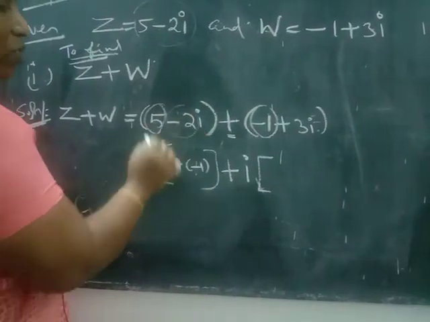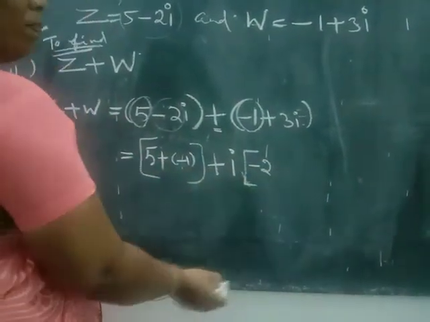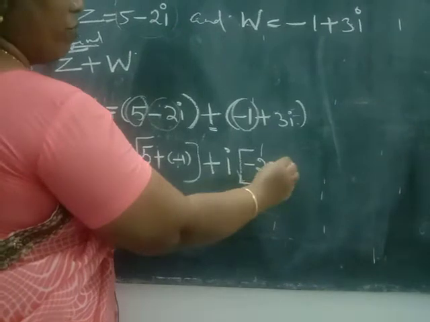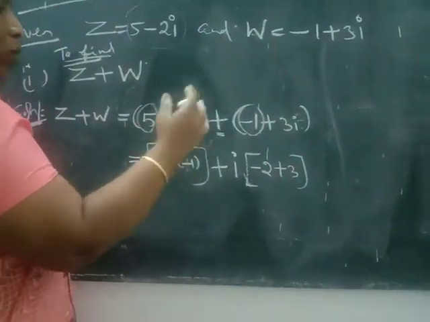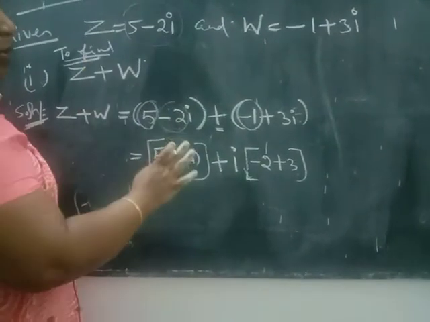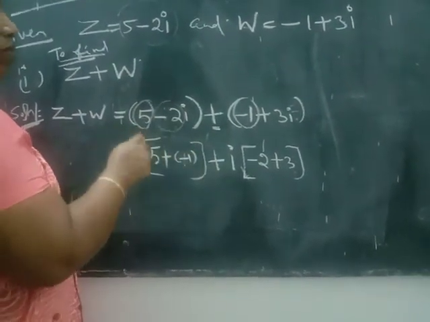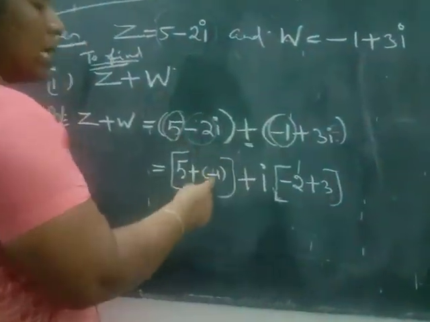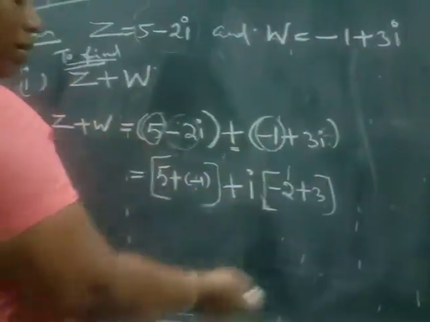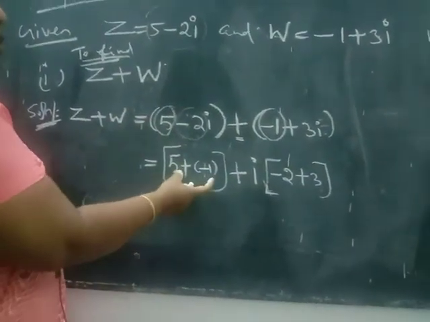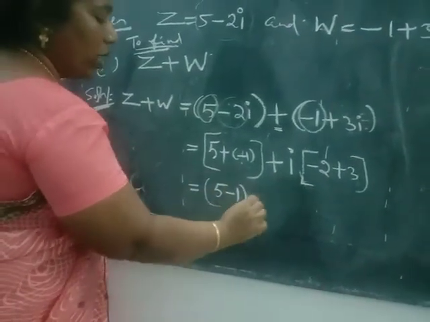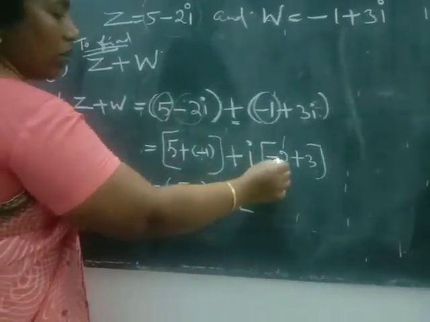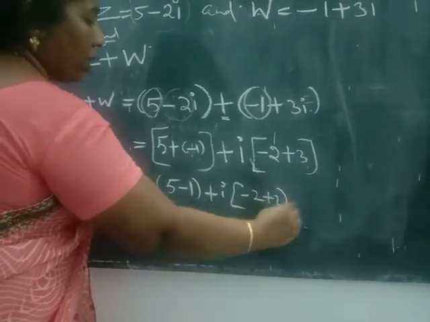The imaginary part of this complex number is minus 2, and of the other is plus 3. So if you want to add or subtract, you have to add the corresponding real parts and corresponding imaginary parts. This is the basic concept. So 5 minus 1 plus i times minus 2 plus 3.